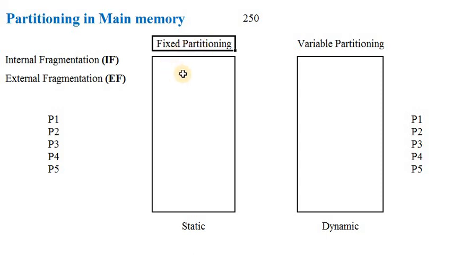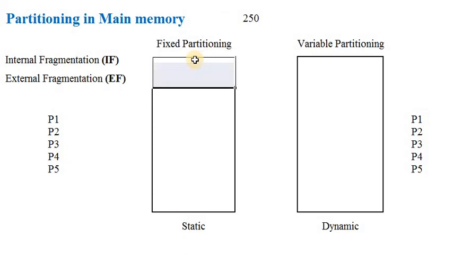Now, in fixed partitioning, these 250 address locations will be equally divided into a number of partitions. Suppose this 250 is divided into 5 equal partitions.